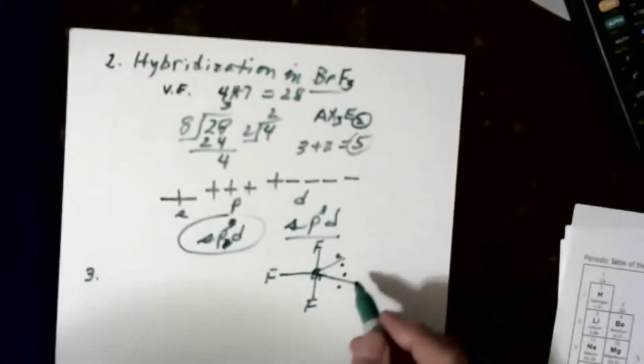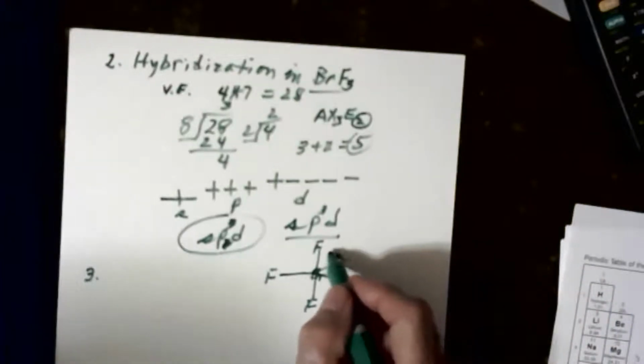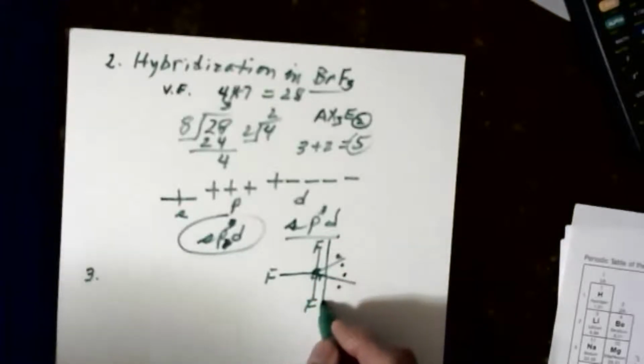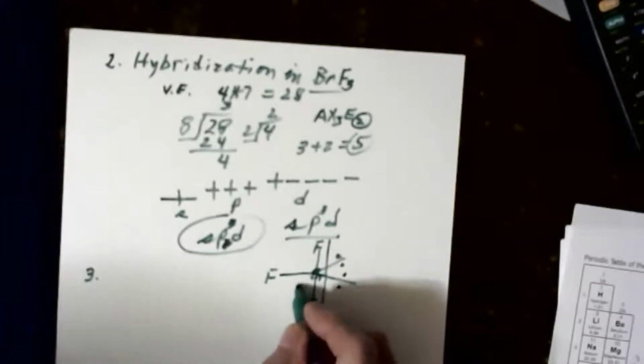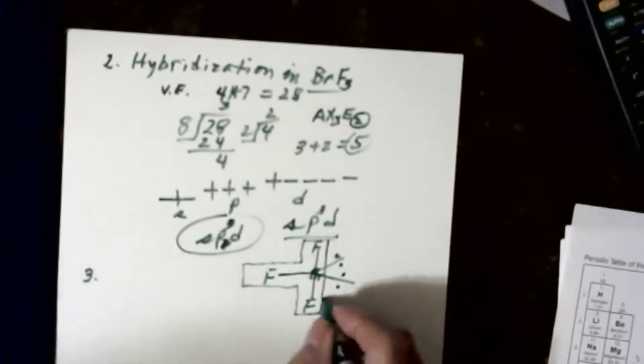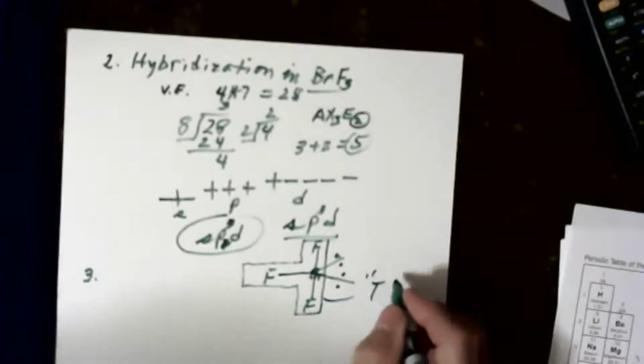And we want the shape of the molecule if we ignore this part of the molecule where the lone pairs are. So if I just draw a structure like this, that's what we call a T-shaped molecule, kind of laying on its side.